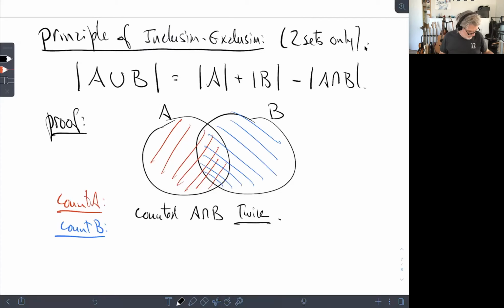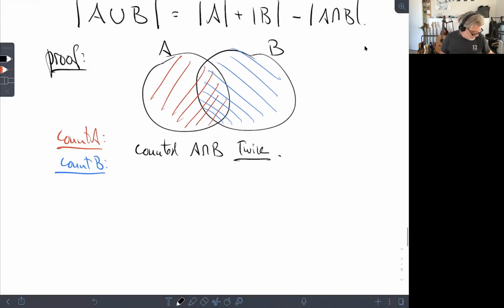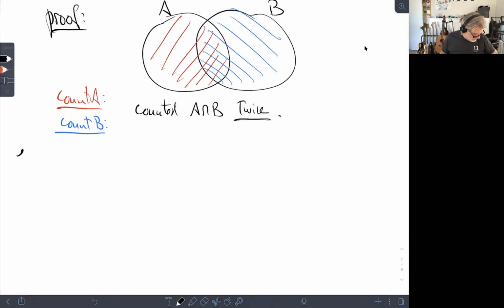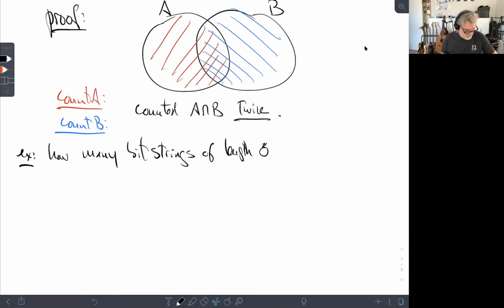So here's an application of this, which is cute. Here's an example. How many bit strings of length 8 either start with 1 or end with 0, 0?